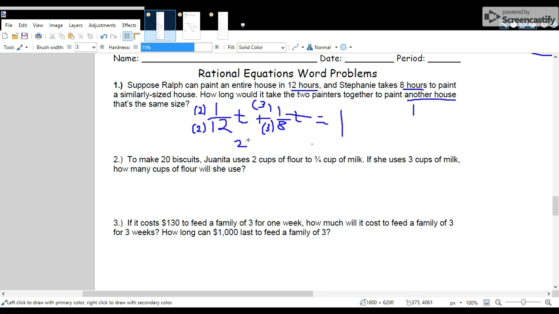So we have 2t plus 3t all over 24 equals 1. 3t plus 2t is 5t. So 5t over 24 equals 1. So let's cross multiply.